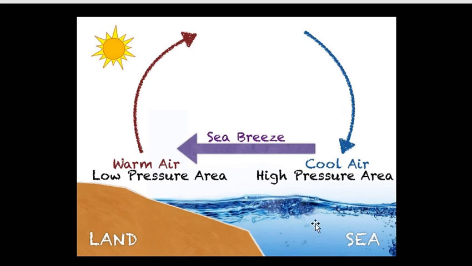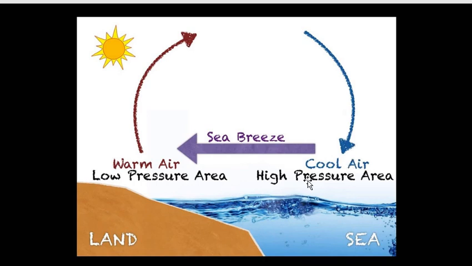In the sea, as there is a water body, there is cool air. And on the land, as there is only land and no water, the air will be warm. This warm air moves to the sea, and here the warm air condenses into cool air.